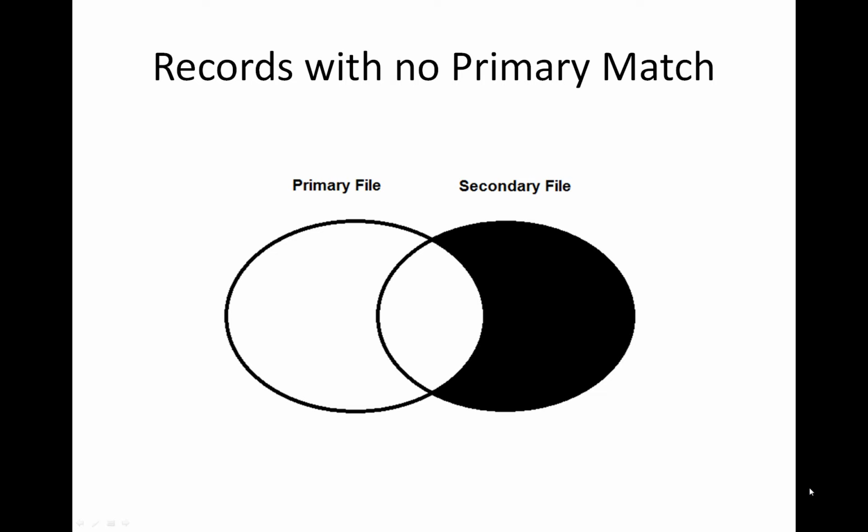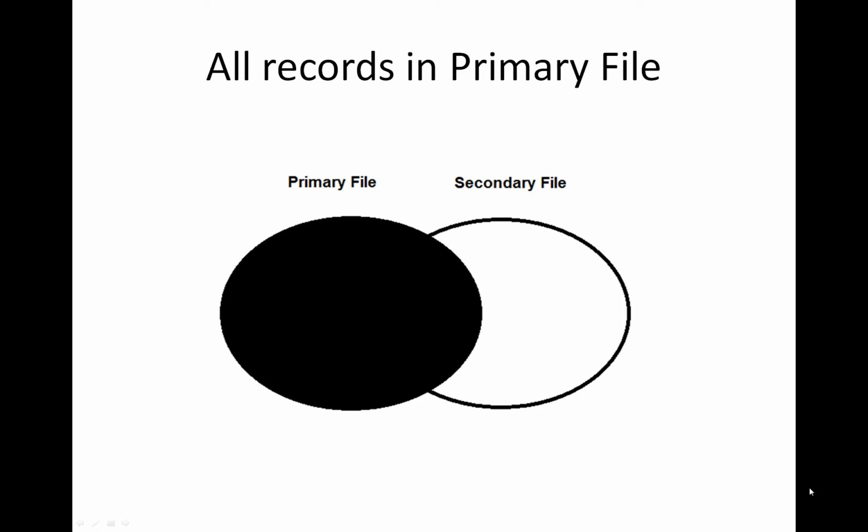The third option is records with no primary match. Again, if the primary file is the vendors and the secondary file is the transactions, then in this instance, we're looking at all transactions that do not have a corresponding vendor. So payments we have made that do not have a vendor account. The fourth option is all records in primary file. So the new joined file would contain all the primary file information, even if there is no match in the secondary file.